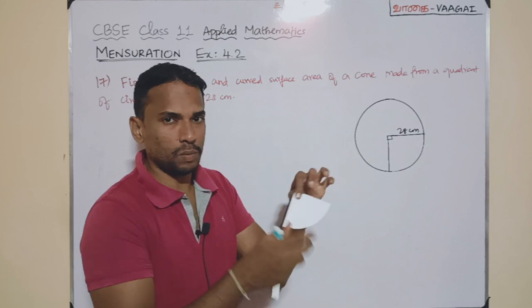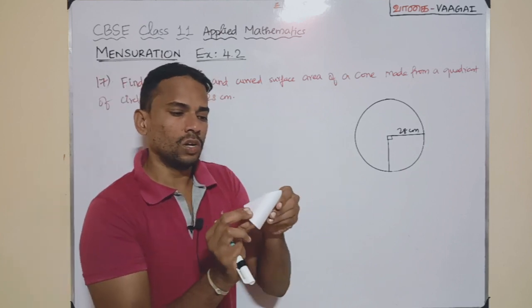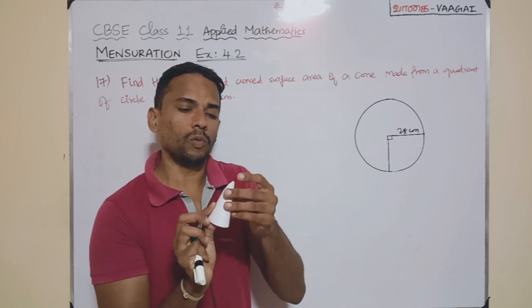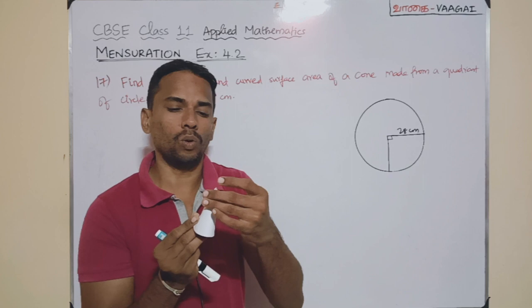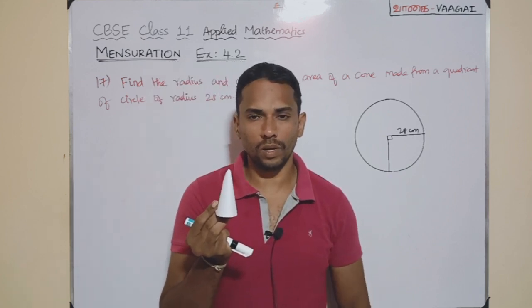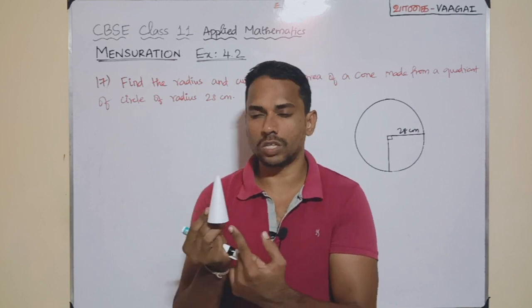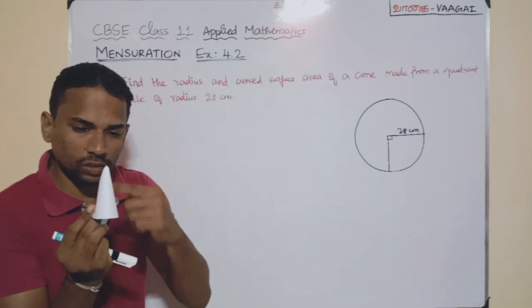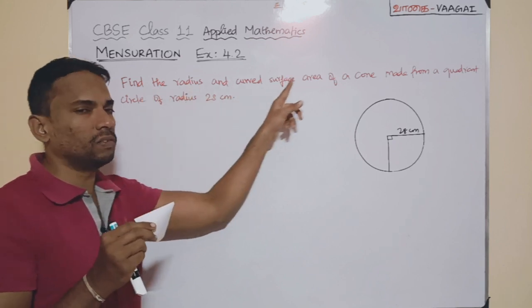Please remember that. Now I'm going to fold this quadrant and form a cone structure like this. Now you formed a cone here. This is how your cone looks. Now for this cone we have to find the radius and the curved surface area.